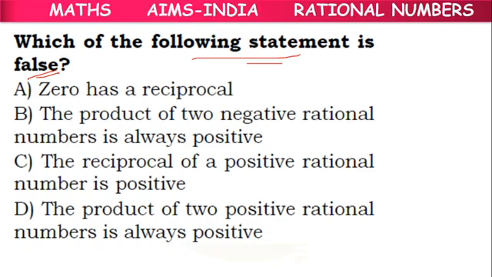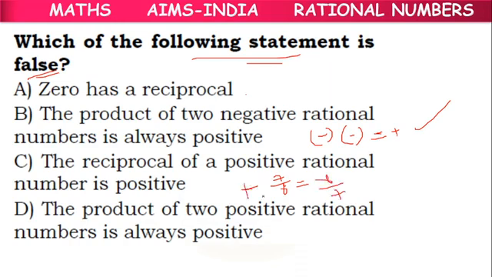So what is the question here? Which is false? 0 has a reciprocal. Product of two negative rational numbers means minus into minus, always positive. Correct. Reciprocal of a positive rational number: suppose I have 7 by 8, what is its reciprocal? 8 by 7.